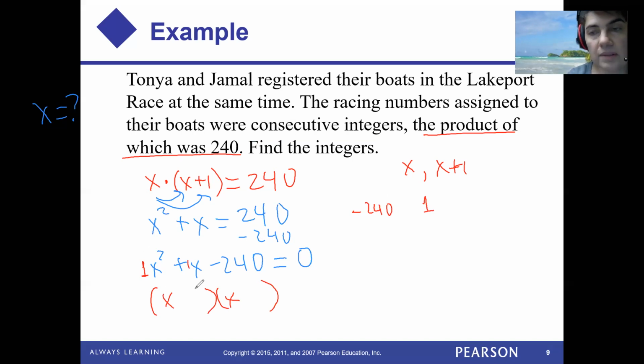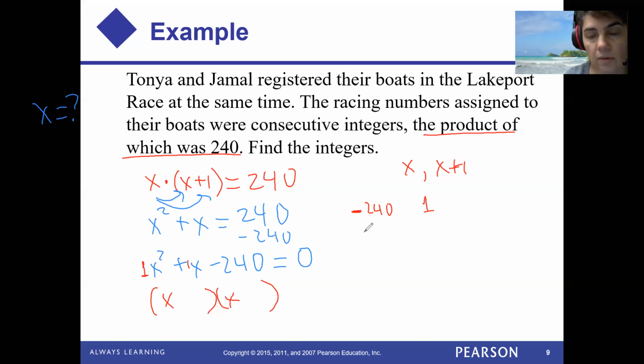This means the two numbers are actually consecutive numbers, and they need to be a positive and a negative. Since the product of two numbers is negative, this means that one of the numbers is positive, the other is negative. For now, let's first figure out how we can get to 240 without worrying about a positive or a negative.